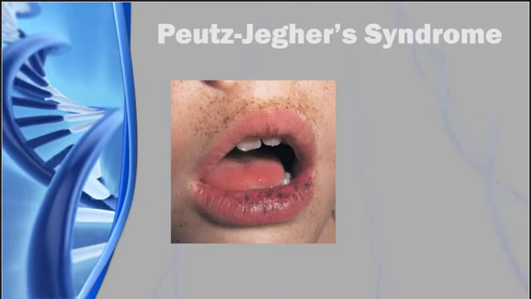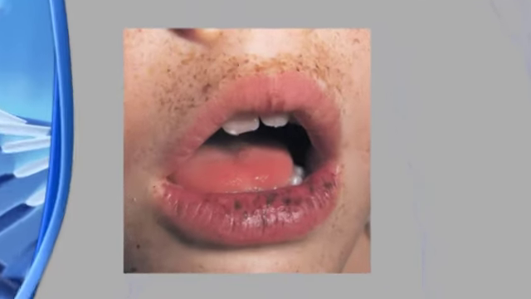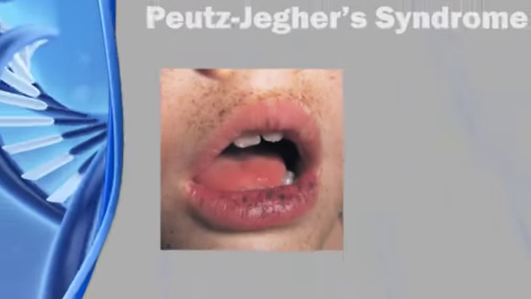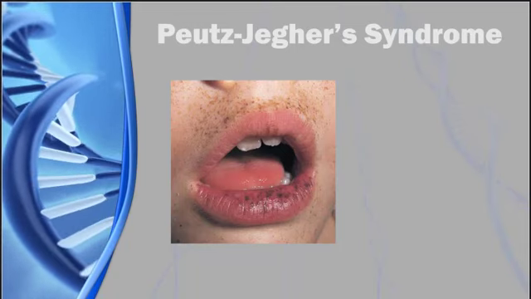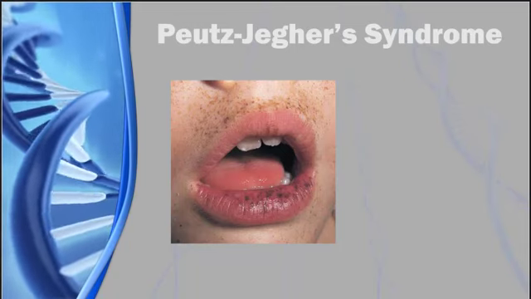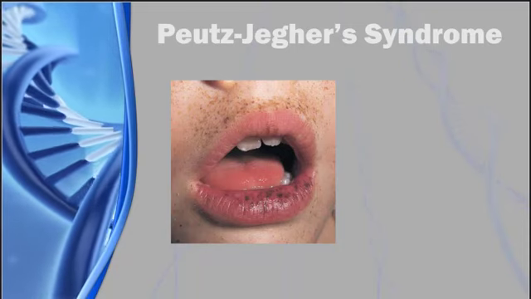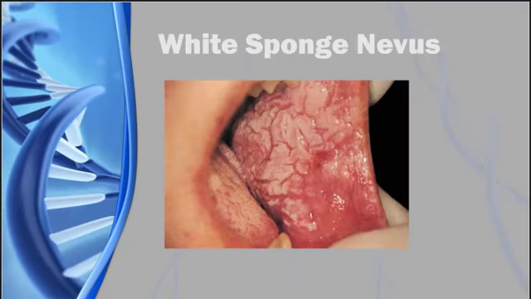With Peutz-Jegher syndrome, we will see multiple melanotic macules throughout the lips and oral mucosa. This condition causes benign GI polyps as well, and a small percentage, about 3% of those intestinal polyps, may undergo malignant transformation. So Peutz-Jegher syndrome, lots and lots of melanotic macules and GI polyps.